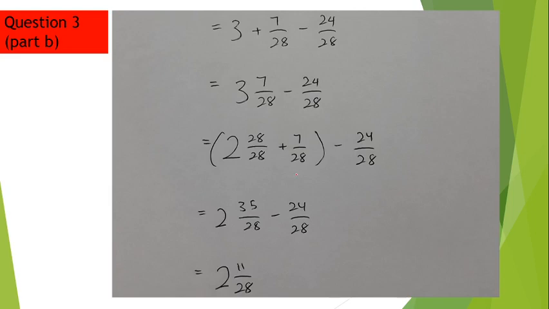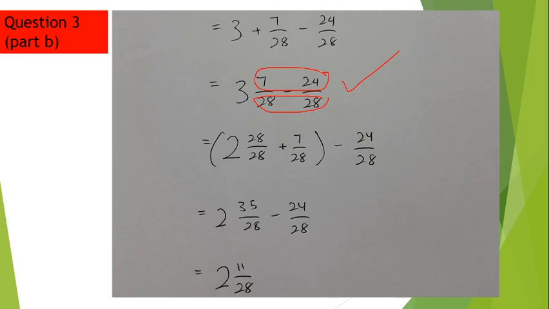Okay, let's move to the second part. So 3 7/28 minus 24/28. Okay, the denominator is already the same, but the problem here is this one, 7 minus 24. Can it be done?